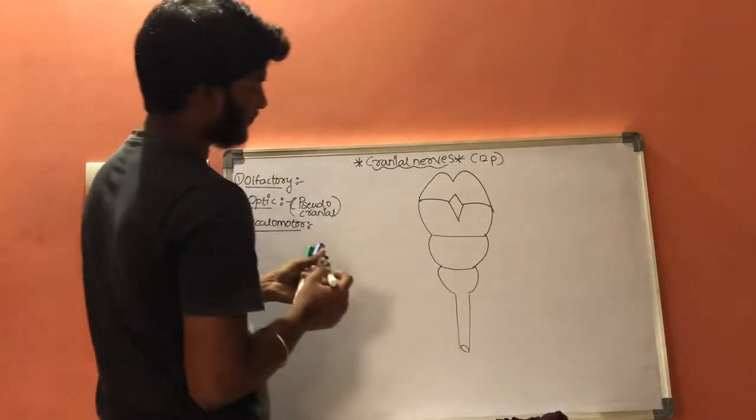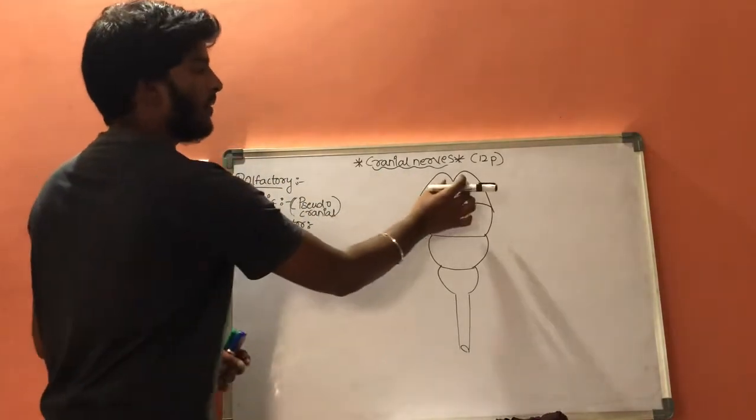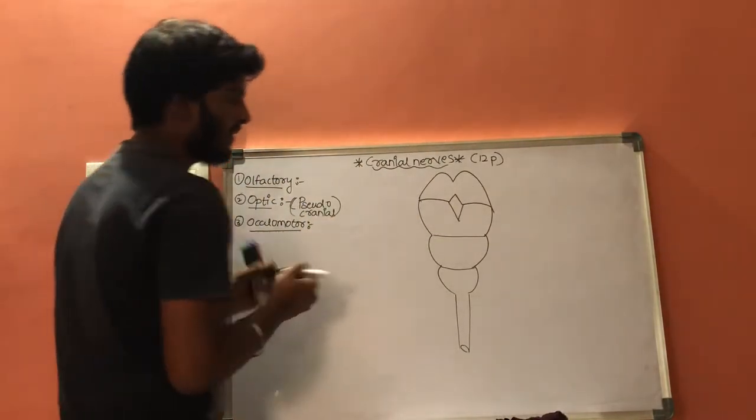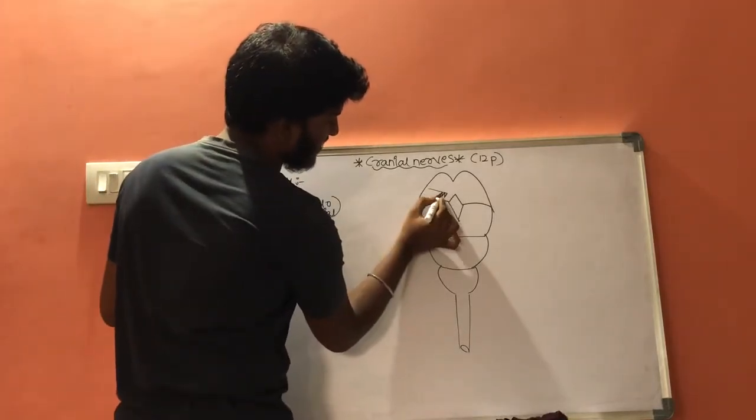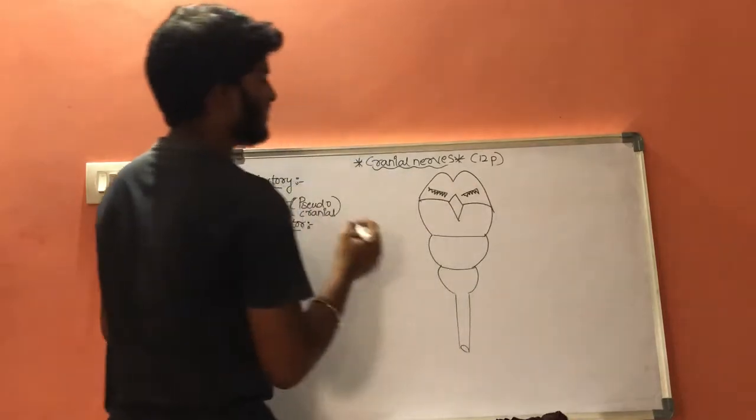Now in the midbrain, this is the substantia nigra of midbrain.